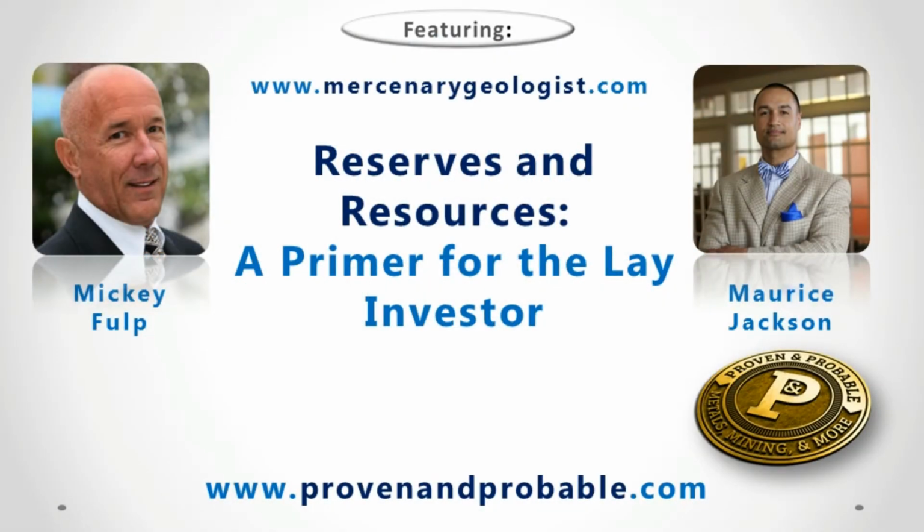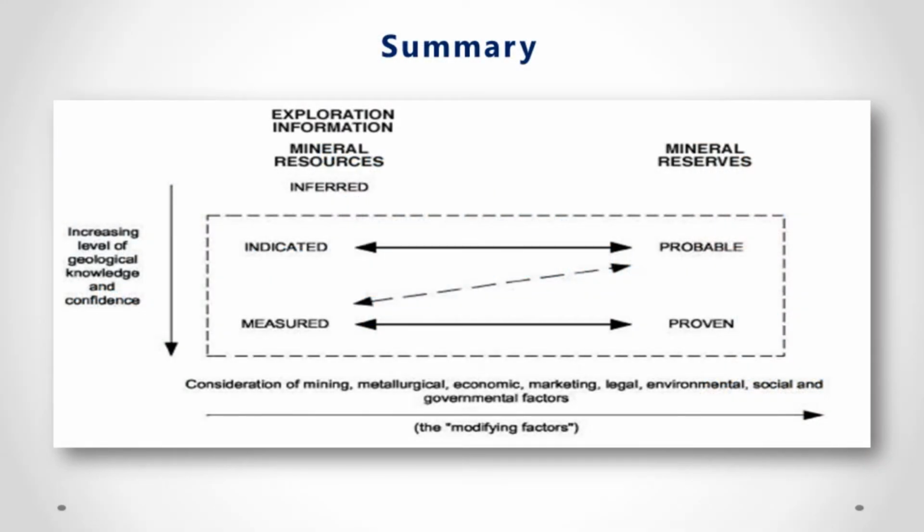Now, Mickey, how do we move from a resource to a reserve? Well, that's when the so-called additional factors come into play. You take a resource estimate and then you look at the mining, the processing, the metallurgical, the economic, the legal, the socioeconomic factors to move those indicated and measured resources into proven or probable reserves.